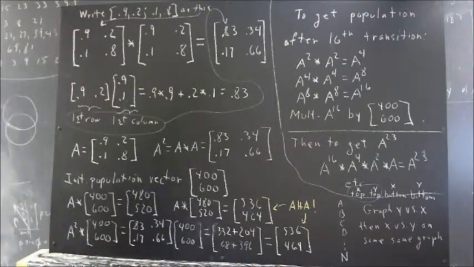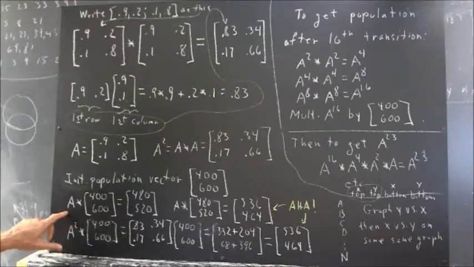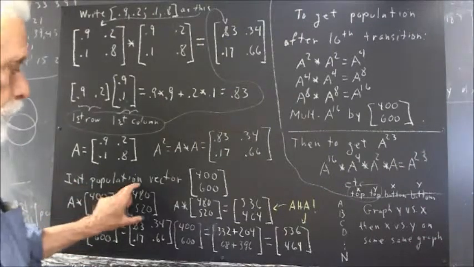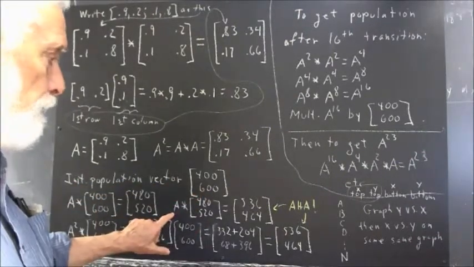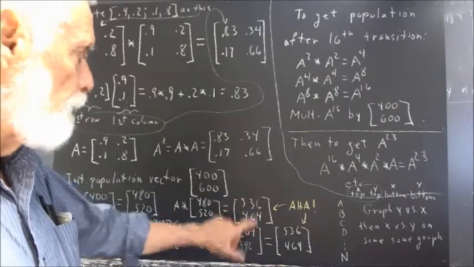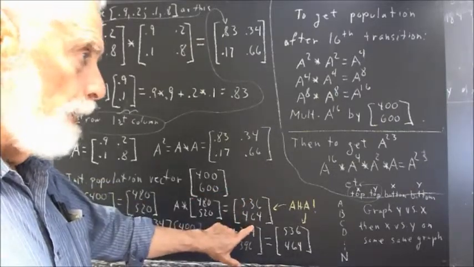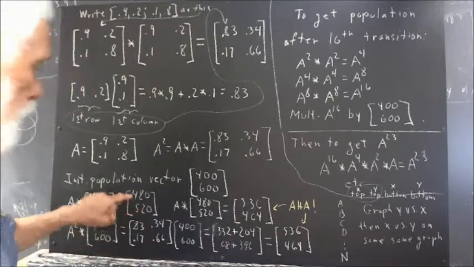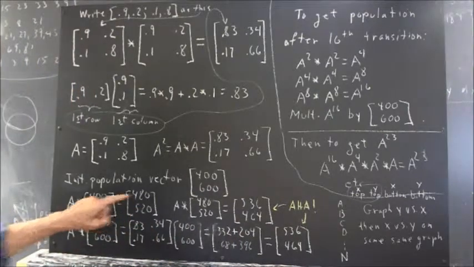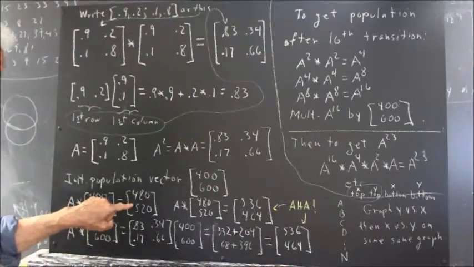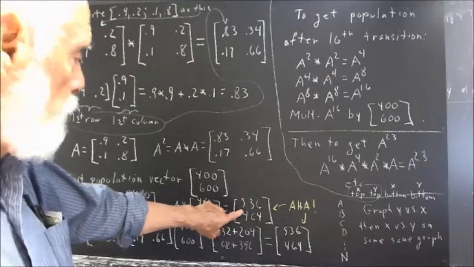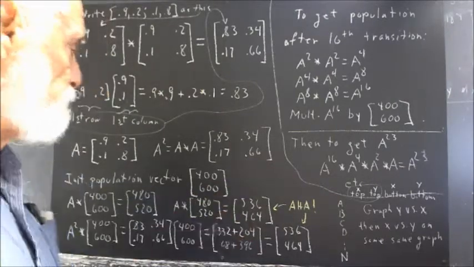Now, what have we done? We've taken the 400, 600 and multiplied it by A. We've taken that result and multiplied it by A. And we've gotten this. And this represents the population after two transitions. To start, we have this. After one transition, we have this. After two transitions, we have this.